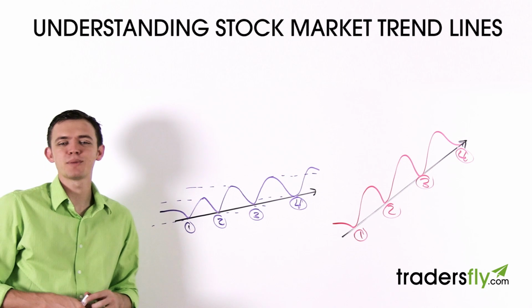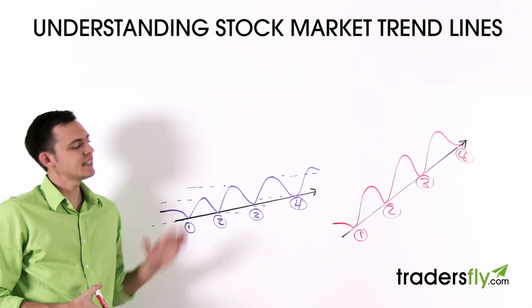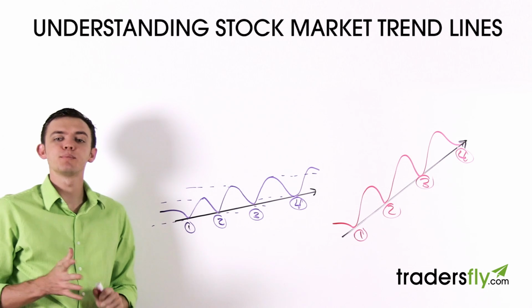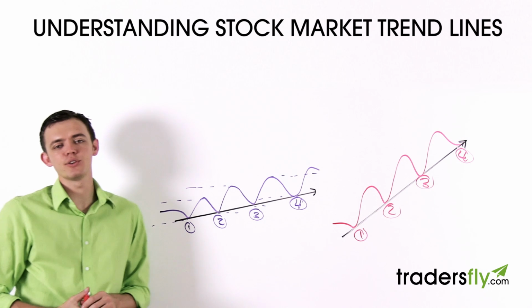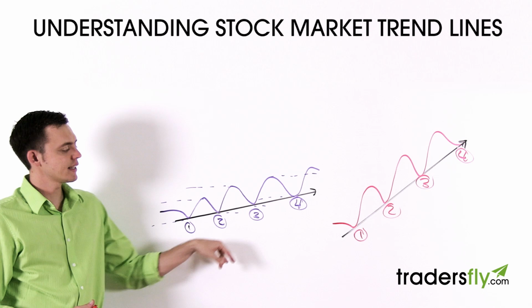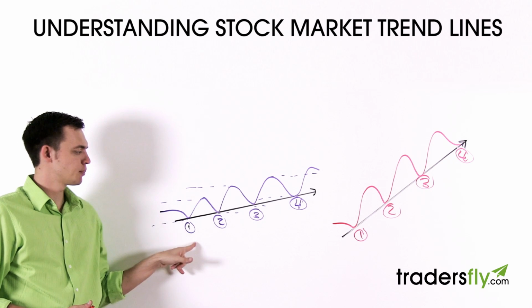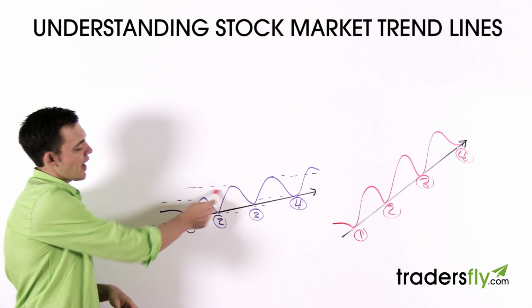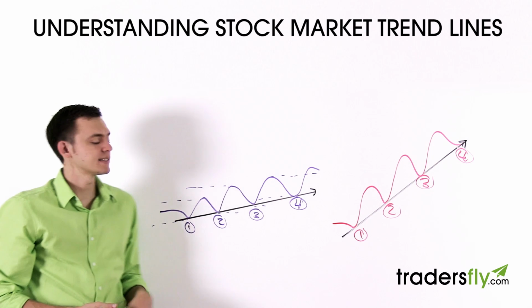Another thing to understand about trend lines is the angle of the trend line. The steeper the angle, the less validity support and resistance has, because you're climbing through those price points so rapidly. On this first trend line, I have four basic points at a similar distance apart, and you can have support and resistance at the different peaks or valleys.